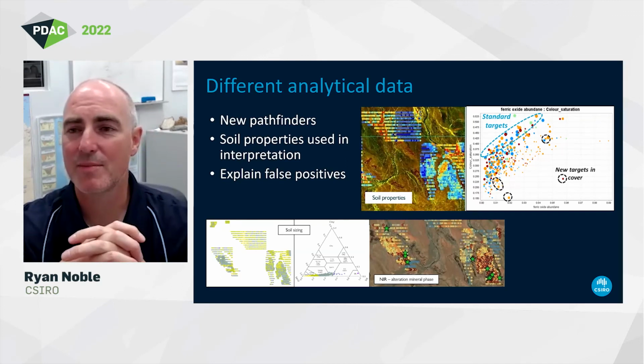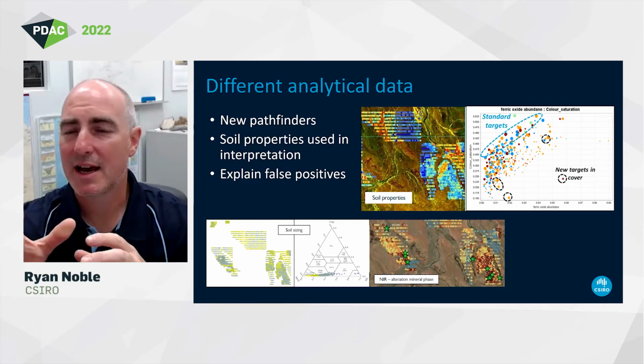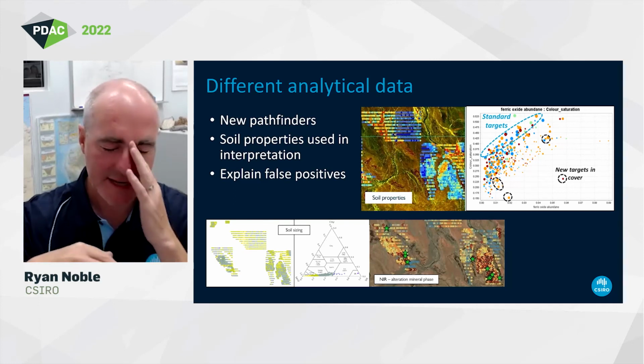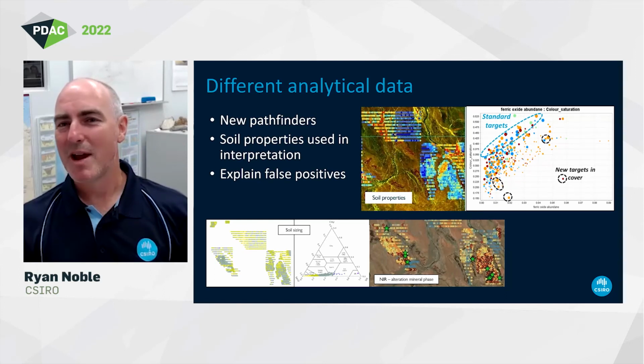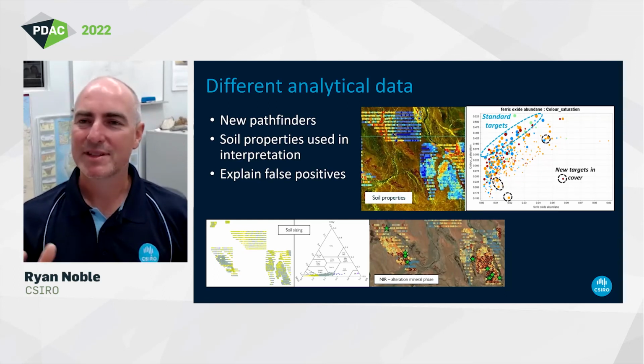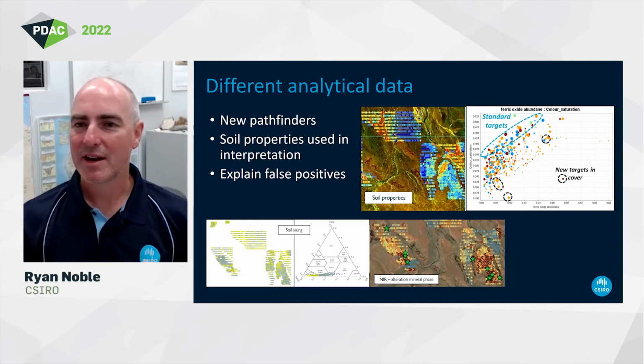There's other things that you might be able to pull out. So in the right-hand side here, we've got things that standard targets I've highlighted there are samples that sit up on residual settings. So they tend to be redder soils, a bit brighter in this setting. But the grey ones that sit down in the depressional zones, they're the ones that get overlooked because often they have more subtle chemistry.